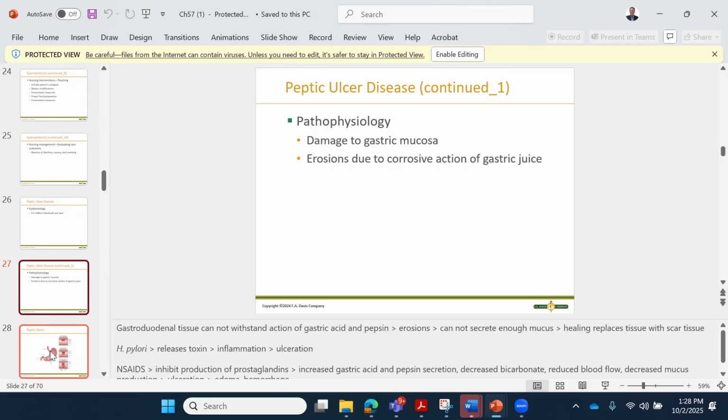And again, if a patient has H. pylori, they need to be prescribed a short course of antibiotics along with the proton pump inhibitors, H2 antagonist. And depending on the situation, they may need to have the Carafate or protective coating to protect against further erosion.